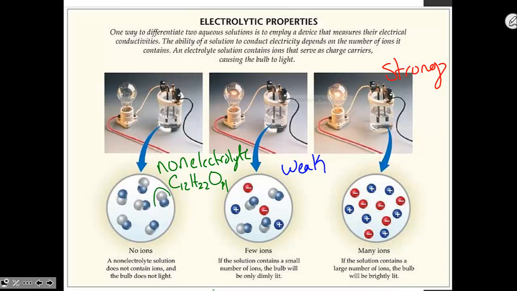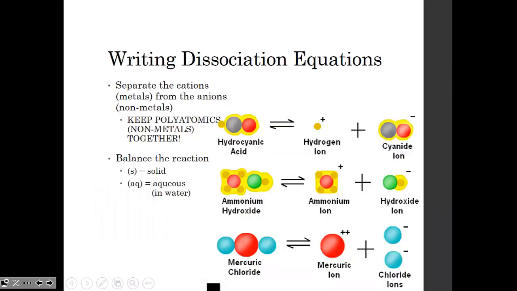It does not dissociate in solution, it does not separate, because these covalent bonds are not attracted to the water. They cannot come apart. So covalent compounds are traditionally non-electrolytes. They do not form any mobile ions and therefore they cannot close a circuit and conduct electricity.